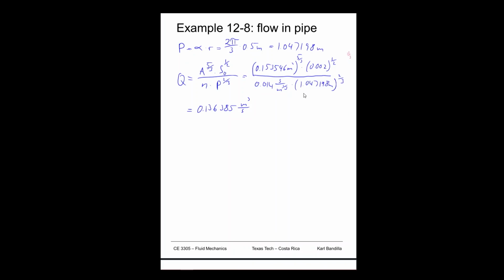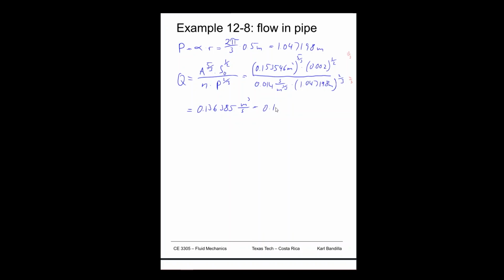And then down here, we have 2/3. So 11 minus 2 is 9, 9/3 is 3, so cubic meters. Excellent, so our units fit well.